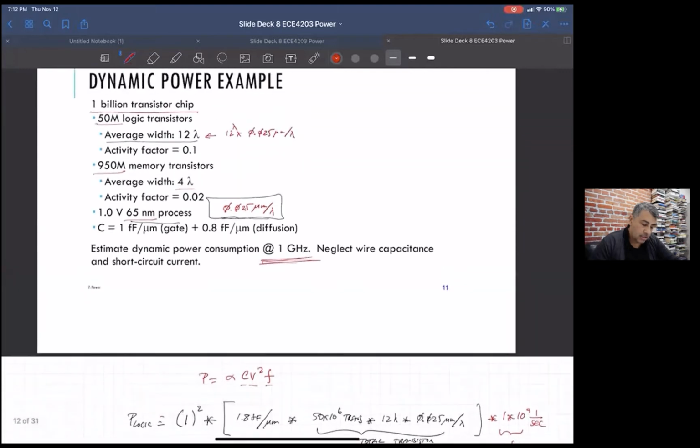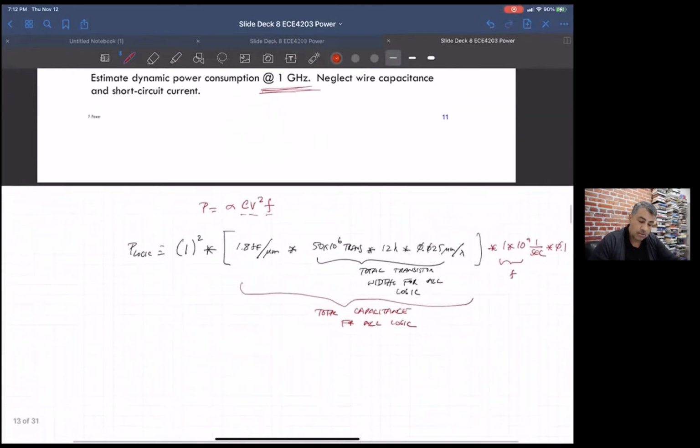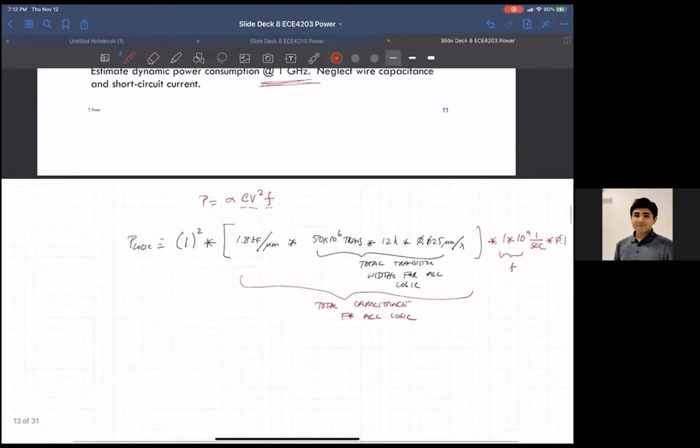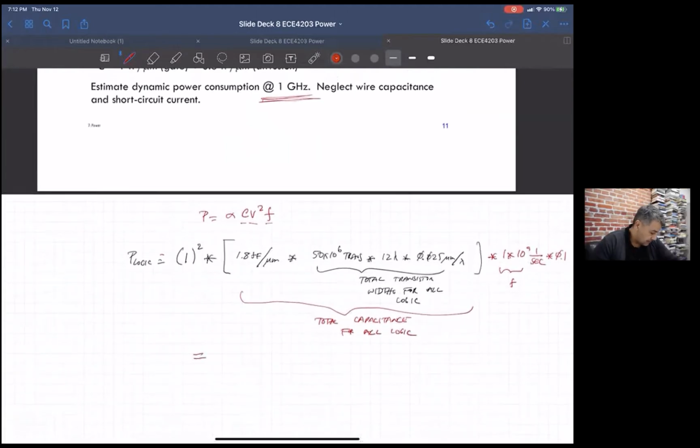And then it's giving us also some activity factor for the logic. And we multiply that here. Did you guys follow me there? Yeah. Okay. And then all of this ends up being 2.7 watt.